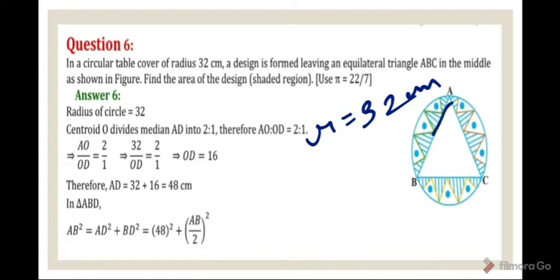That means ABC is an equilateral triangle, but the values of the sides are not given here. You have to find the area of this design.